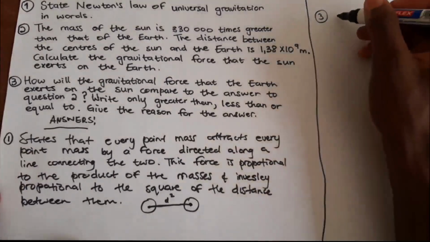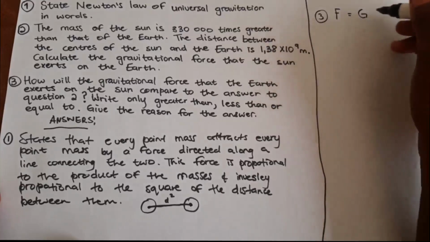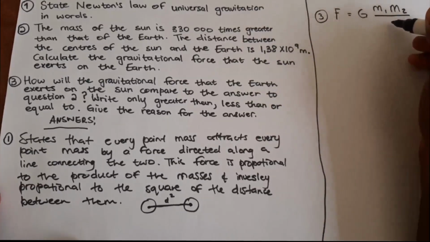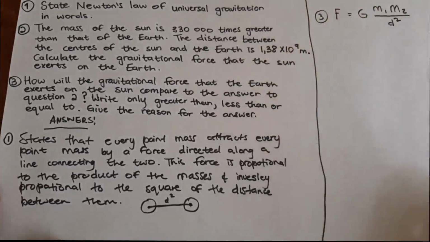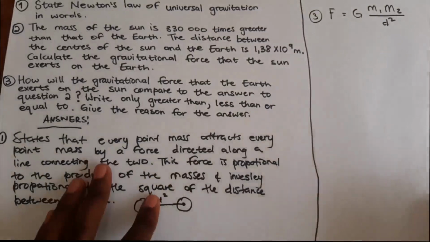You know that F is equal to the gravitational constant, times M1, which is going to be our earth, and M2, the mass of the sun, over d squared. Mind you, we're looking for the force.